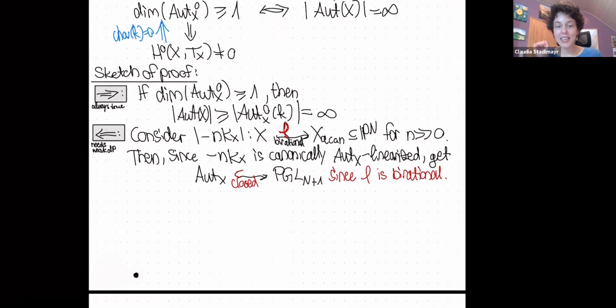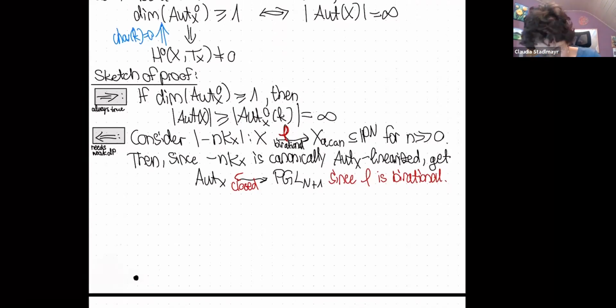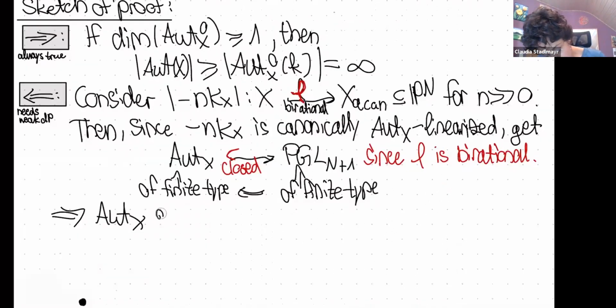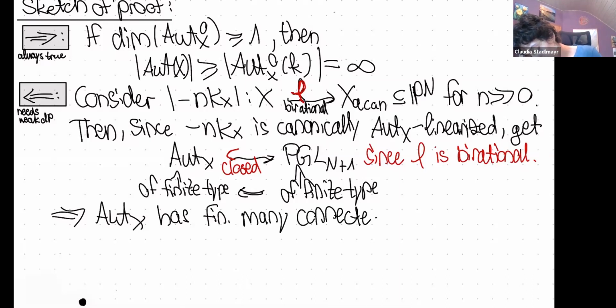And now at this point, we can exploit that PGL_{N+1} is of finite type. Therefore, also Aut_X is of finite type. And since a scheme of finite type over a field has finitely many connected components, also Aut_X has finitely many connected components.